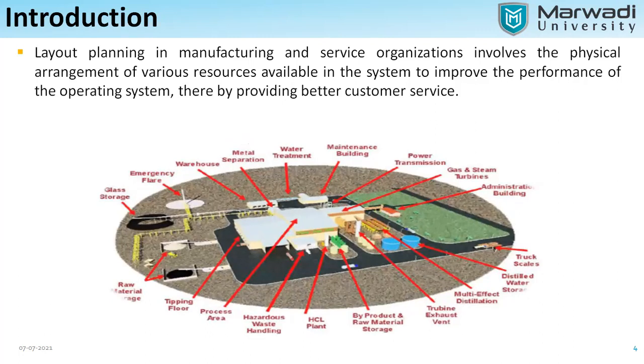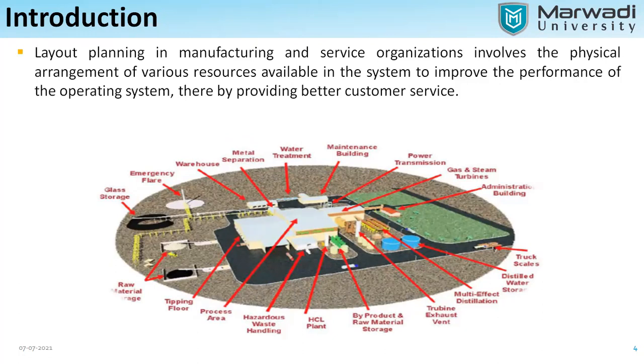This is an overview of a processing plant, where you can see there are slots and places made for power transmission, maintenance building, water treatment, metal separation, warehouse, emergency flare, gas storage, glass storage, raw material storage, tipping floor, process area, byproduct material, hazardous waste handling, turbine, exhaust vent, multi-effect distillation, and all.